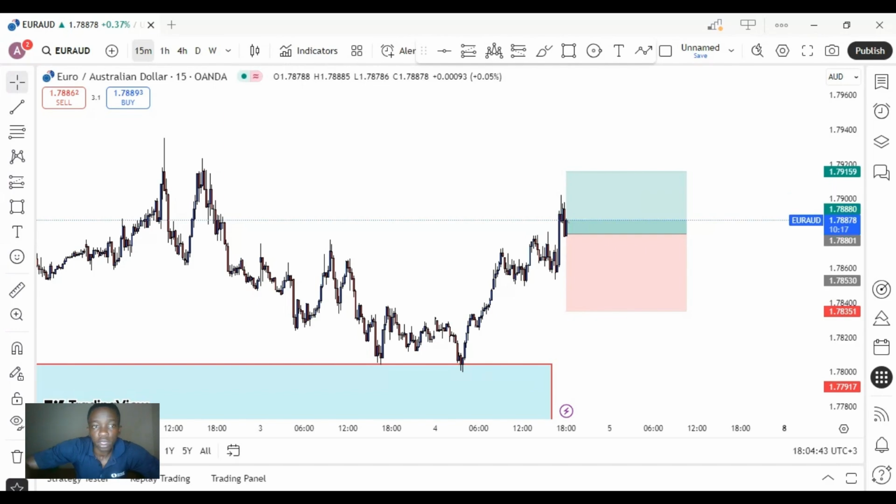My monitor was freezing, but it's okay. So Euro AUD, which is right over here, transfer it there, and then I'll enter my order.